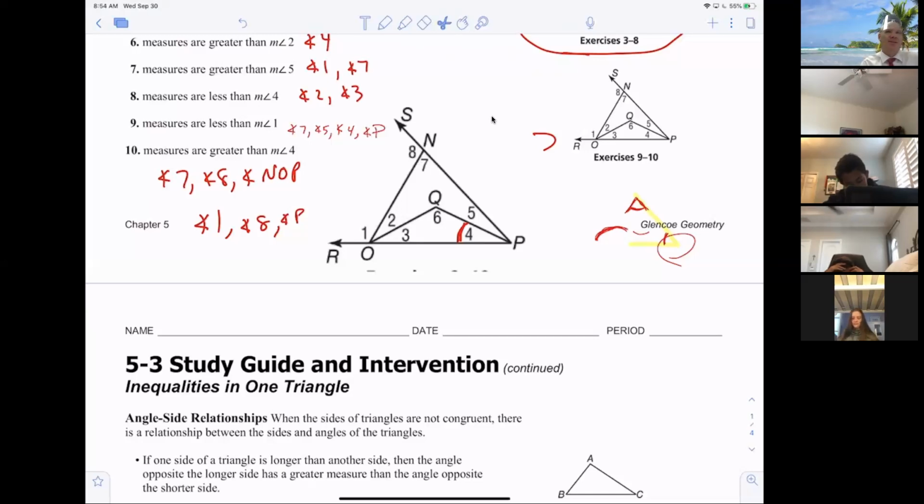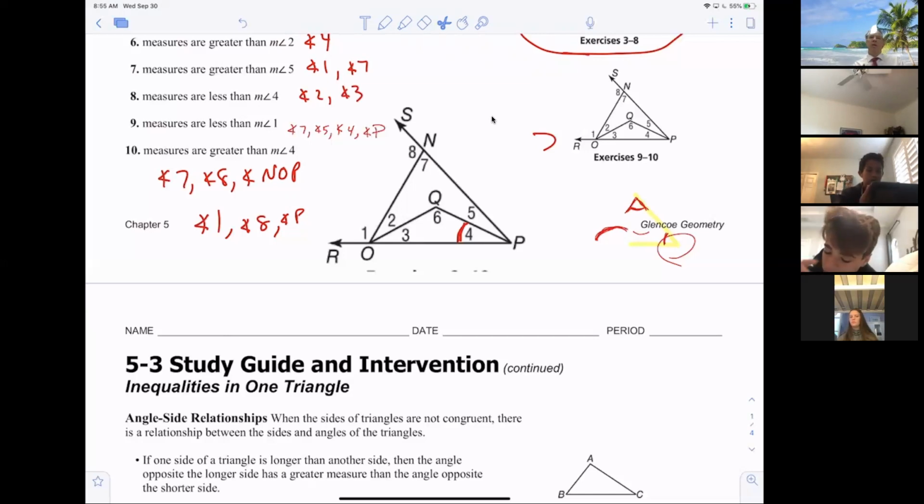Sit down, please. You're making no sense as usual. How is it 1 and 8? Since you talk about exterior angle, any angle inside the triangle can't be greater. Right. Okay.